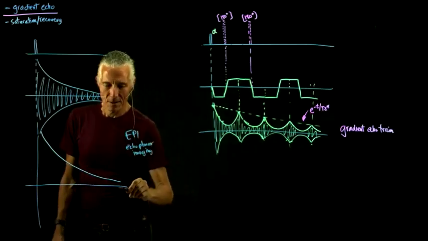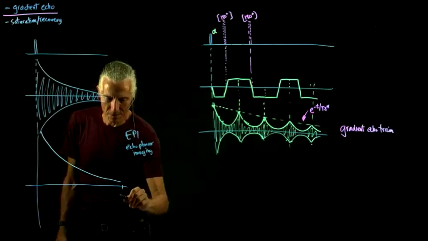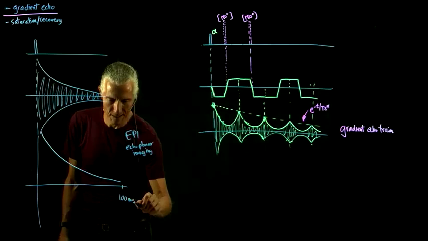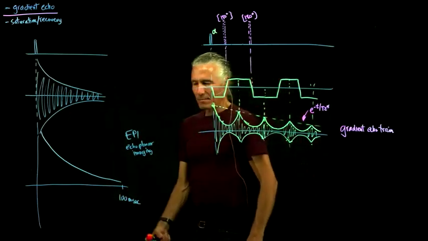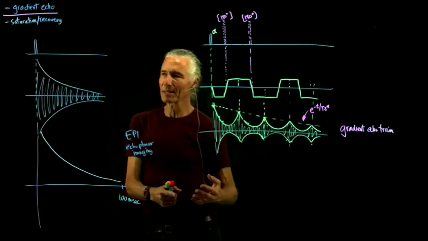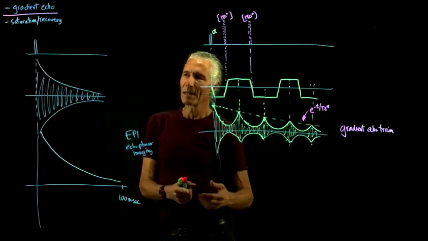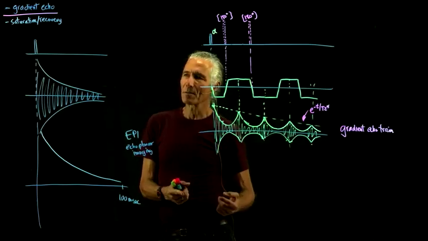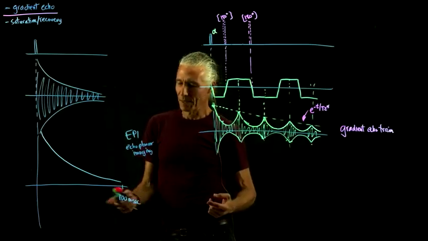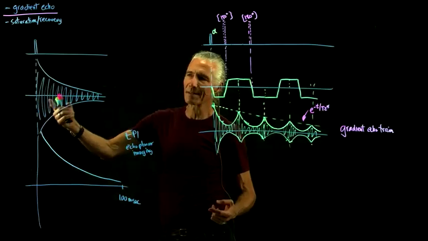So this is like 100 milliseconds, so not very much, 1/10 of a second. Last time we were talking about spin echo, and a couple hundred milliseconds later, we could do a pulse and get an echo to appear. So this is 100 milliseconds for this single FID.